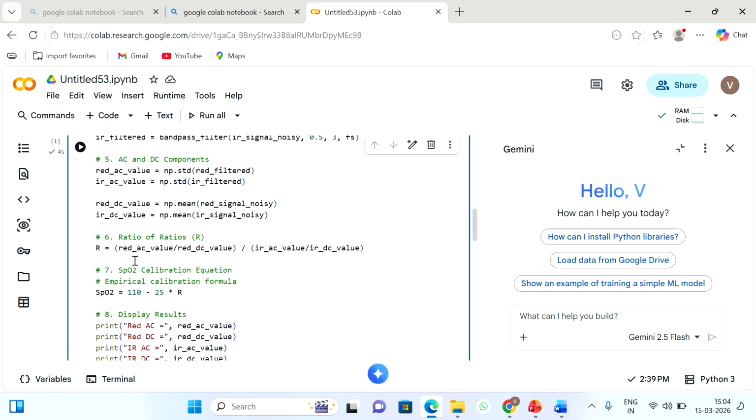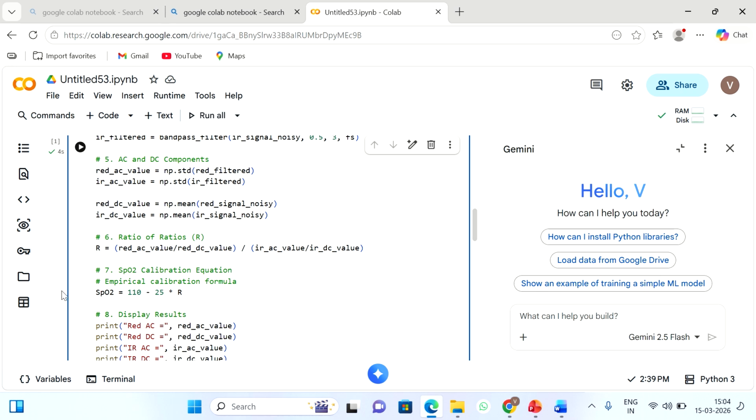Now the ratio of ratios, how is it calculated? The value is represented as R. R is equal to the AC component of the red signal divided by the DC component of the red signal, and this whole value divided by the AC component of the IR signal divided by the DC component of the IR signal.